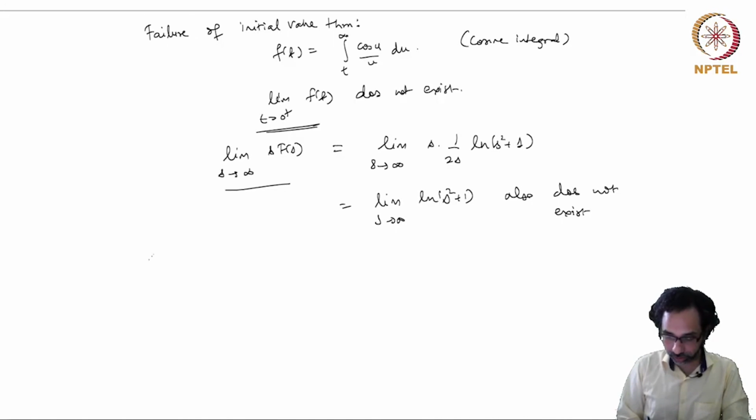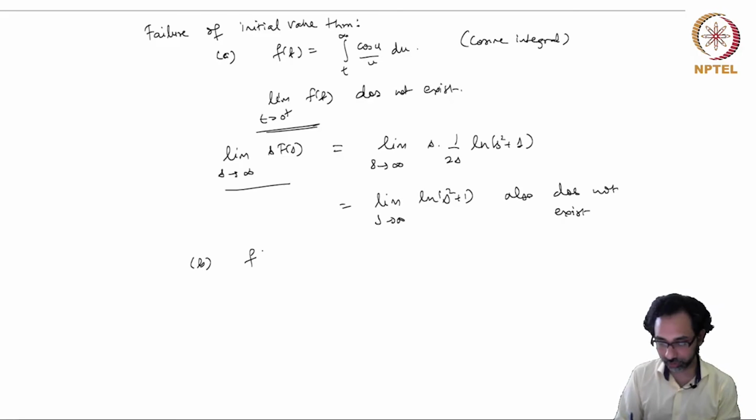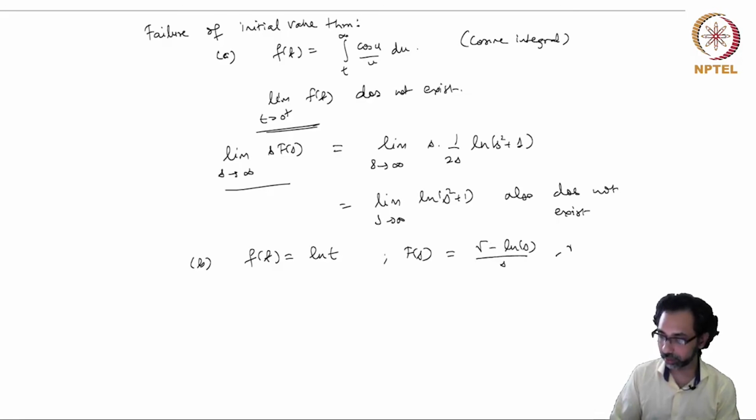So let's take, so this is the first example, the function f(t) to be ln t. Then we have seen that the Laplace transform is given by minus gamma minus ln s over s, where gamma was the Euler-Mascheroni constant.